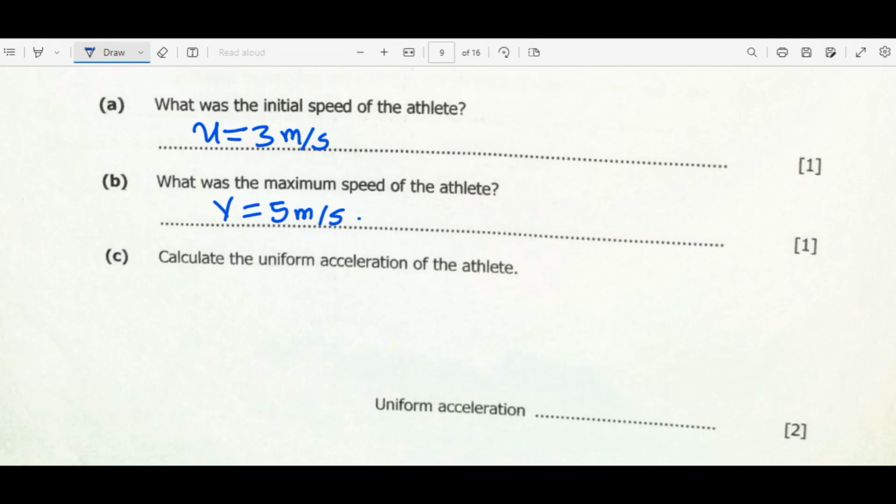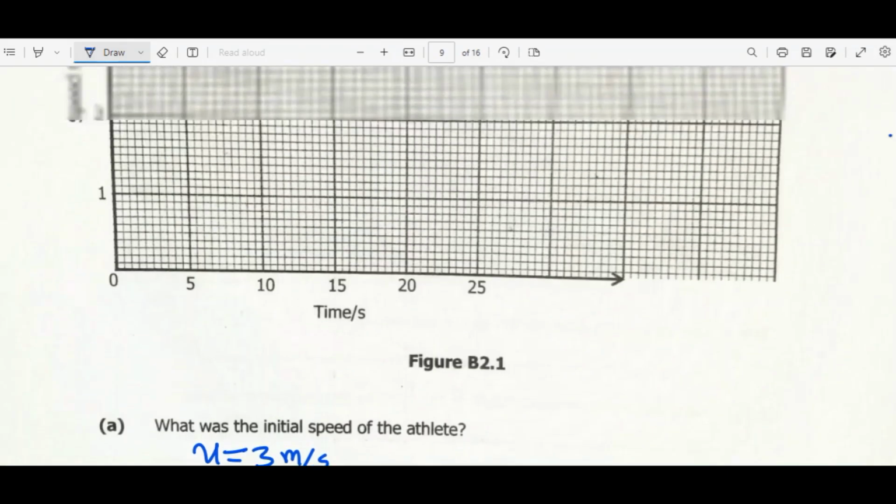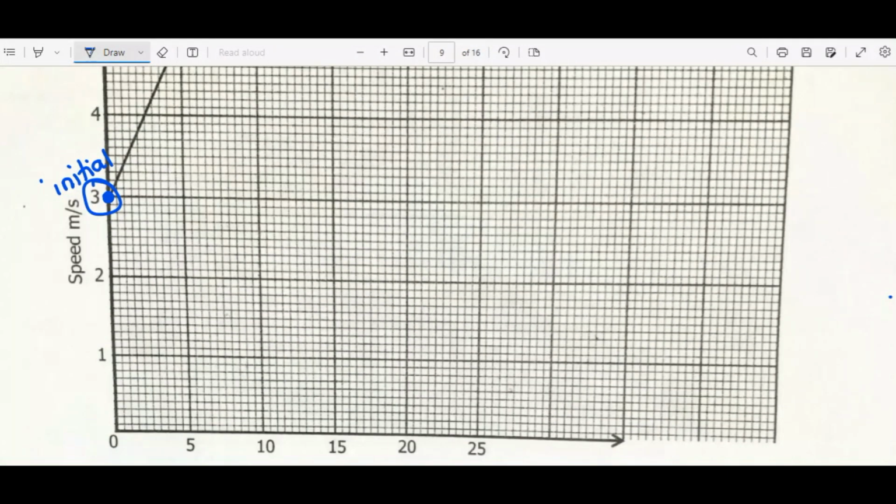Now question C is calculate the uniform acceleration of the earth with T. So acceleration, denoted by small letter a, is equal to final minus u over t. So initial is 3 meters per second, final is 5 meters per second, but we need to get time. So if we go back to this graph, the initial is starting from here.